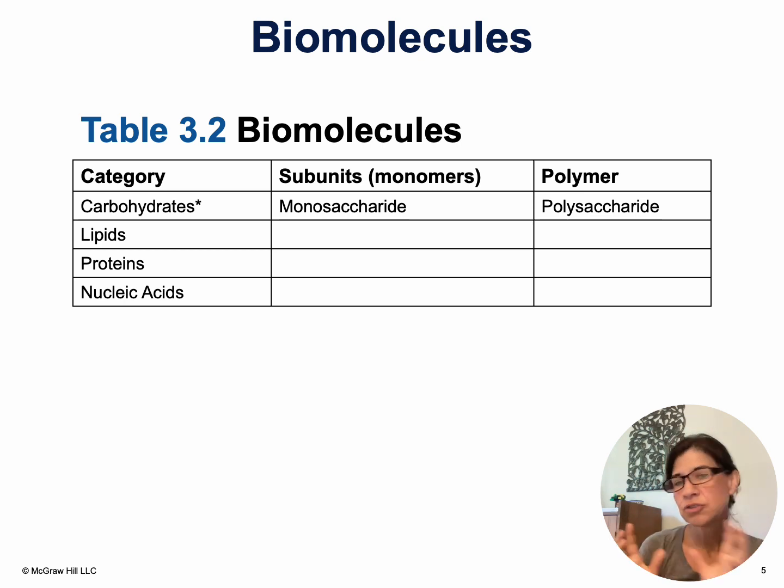Saccharide means sugar. So the small single sugars are referred to as monosaccharides, and then those will join together to make the larger carbohydrates, the polysaccharides. So what is the building block of a carbohydrate? A monosaccharide. It can join to make larger carbohydrates, polysaccharides, and we're going to learn examples and what their function is.